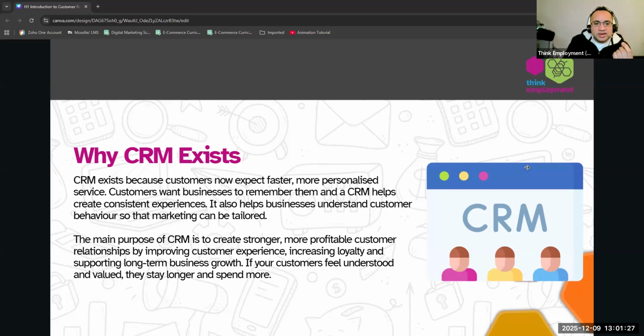So customers want businesses to remember them, and the CRM helps create consistent experiences. It helps businesses understand customer behavior so that marketing can be tailored. And it's all about that personalization.